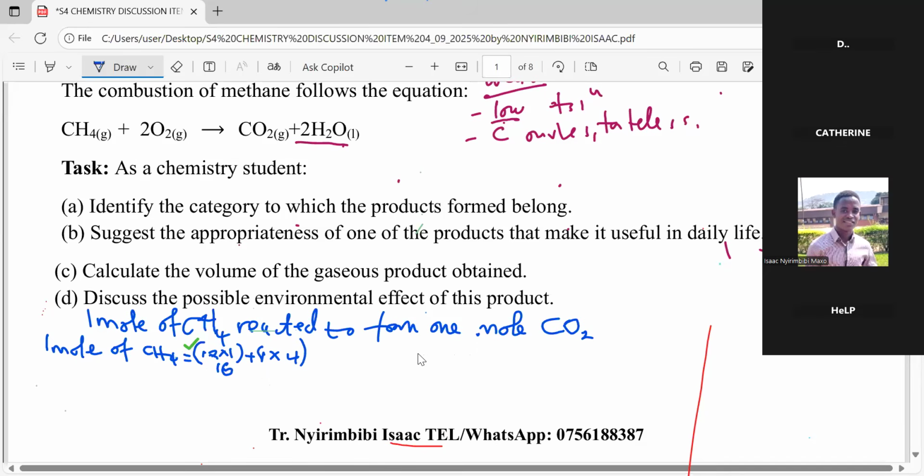Then the other side. 1 mole of CH4 reacted to form 1 mole of carbon dioxide. So 1 mole of carbon dioxide is equal to its molar mass.